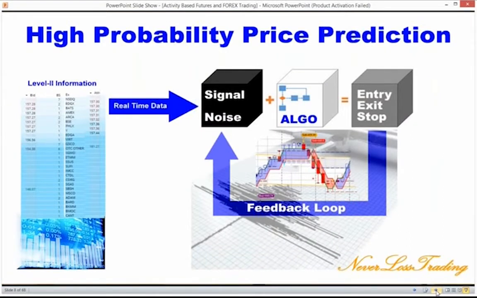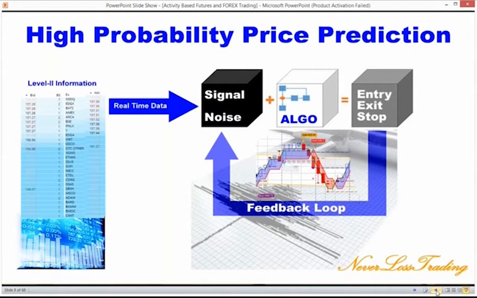Our systems take all information from level 2 real-time data, then have a signal-to-noise filter at the beginning. What's that? Noise is a random happening, something that does not continue but is there. A signal is a happening that has a high predictability.